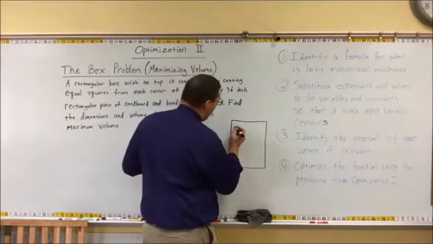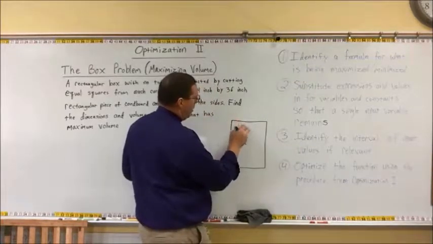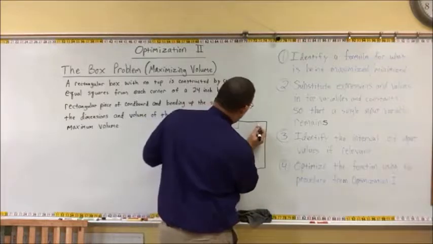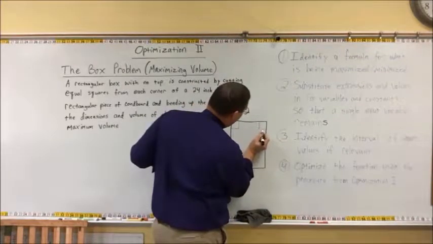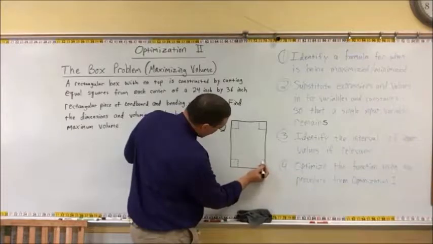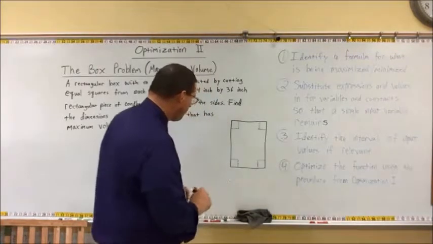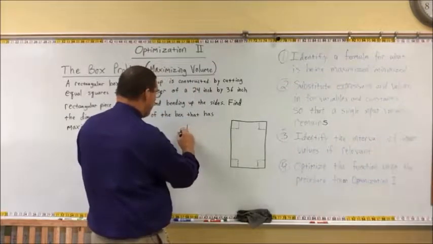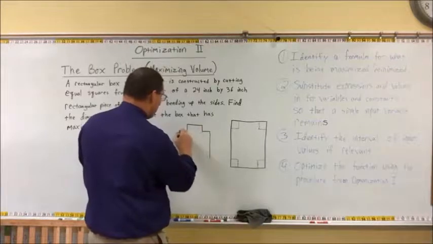If we cut a square out of this corner here, and then cut an equal square, just like this one, out of this corner, and then the same size square out of this corner, and then the same size square out of this corner, we're going to have a piece of cardboard that now looks like this.